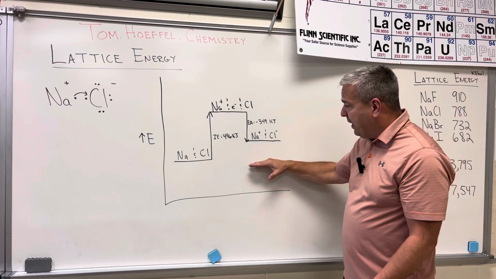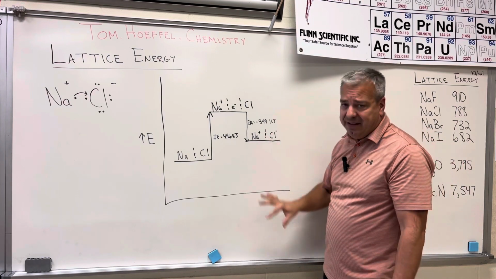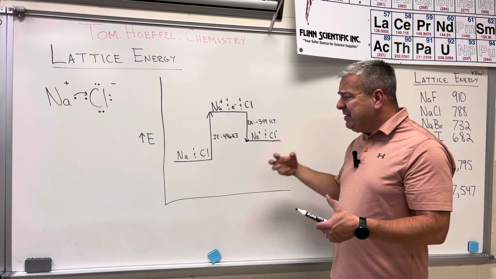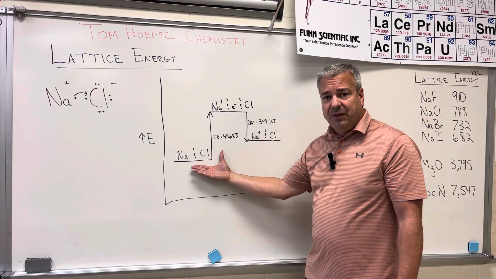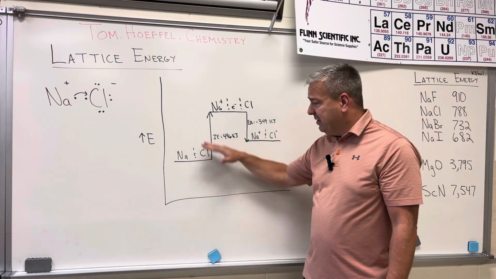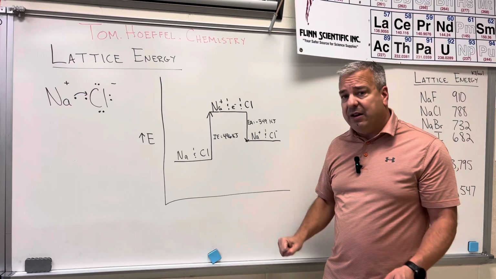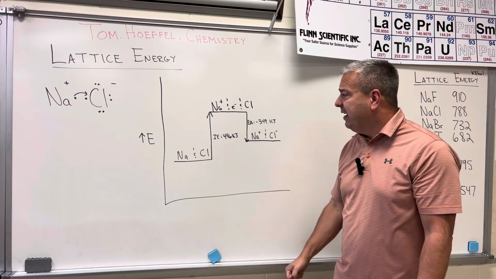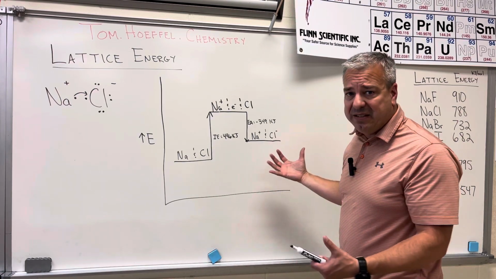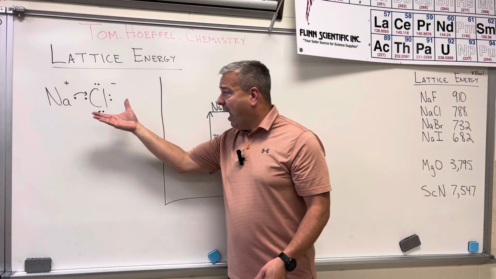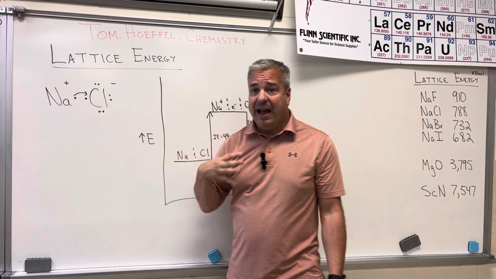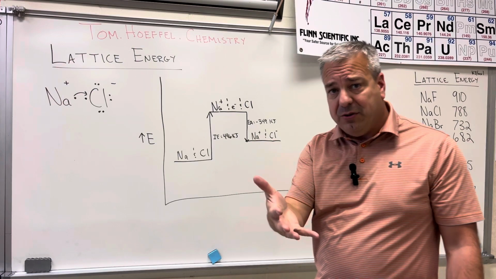On an energy profile, it also looks like these ions are unstable relative to the neutral elements, because the neutral elements are actually lower in energy, a little bit more stable. So why in the heck would this ever happen? Now I do know that it happens because I know what sodium chloride is, and maybe you do too.